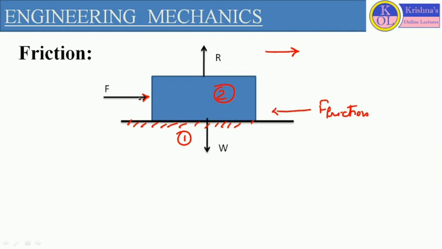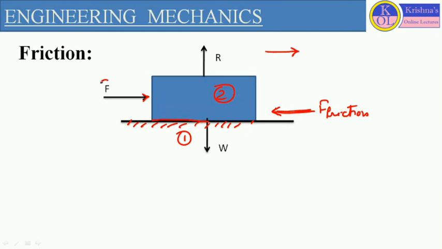So when we apply an external load, against this external load there will be one resistance force offered by the stationary body on the moving body at the contact surface, and it will act tangentially. This direction represents the direction of friction force. Now, how can we define the motion of body 2 with respect to body 1?